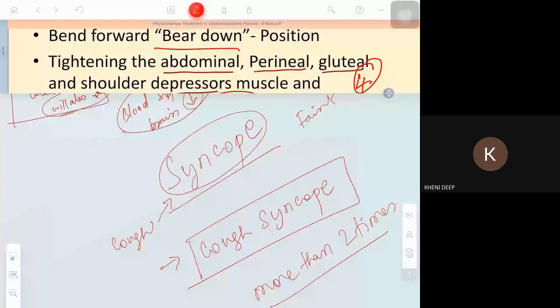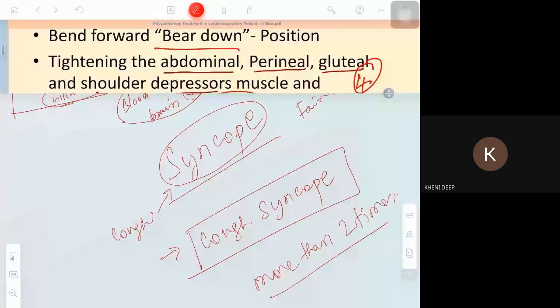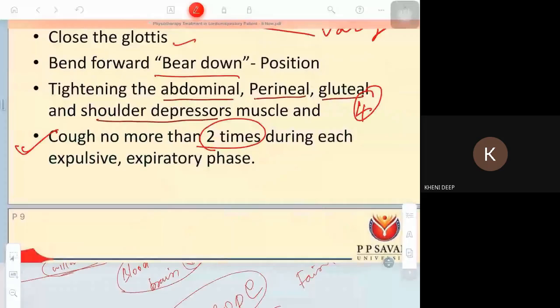So that is why you will advise the patient not to cough more than 2 times during each expulsive expiratory phase. Your patient may think, if I cough more, then I will get cleared of the lung secretion.